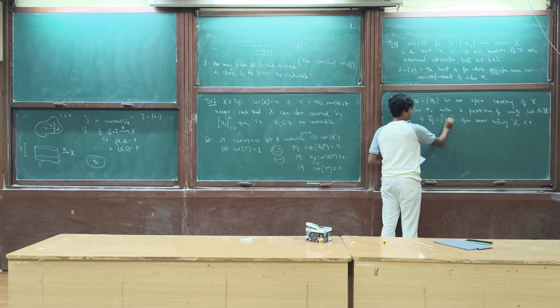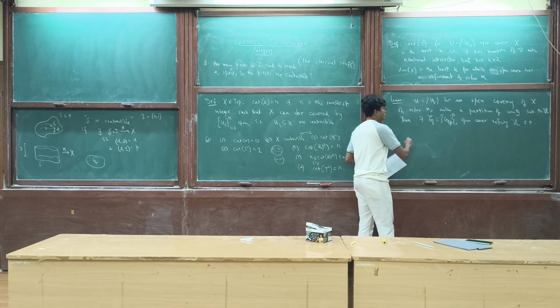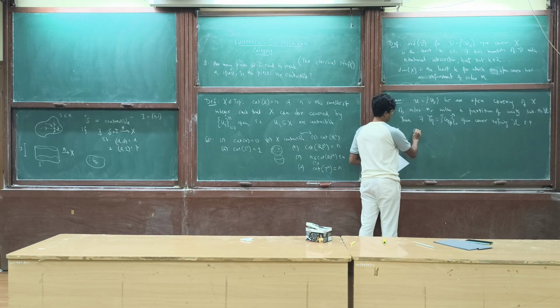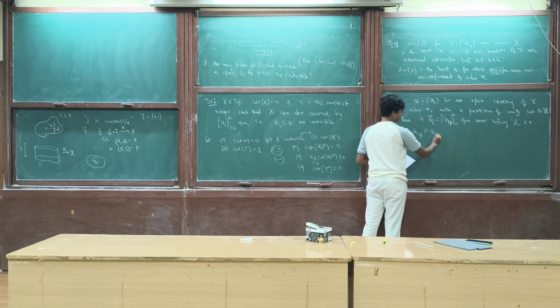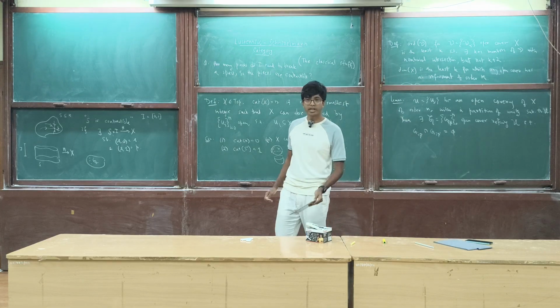So I'll have two indices, i and beta, where i goes from 0 to n, such that G_i,beta intersected with G_i,beta prime is empty.